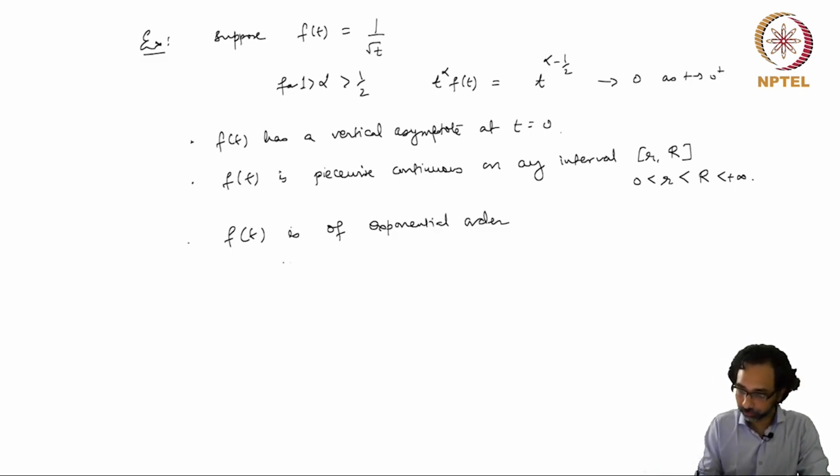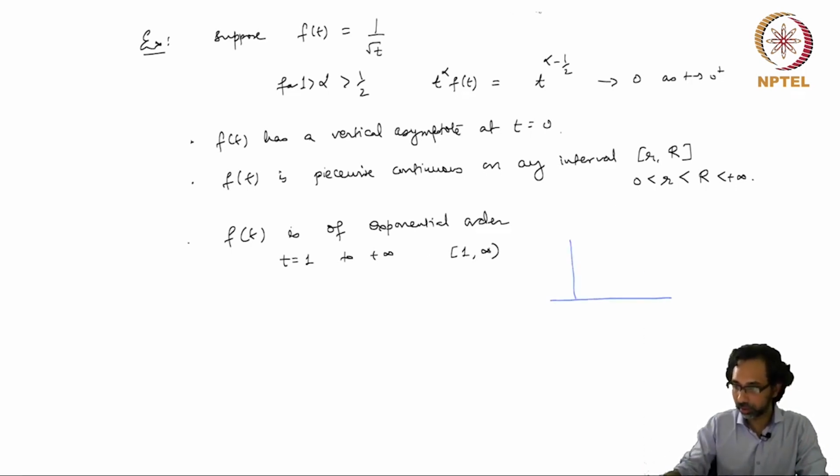So for example, if you take the interval t from 1 to plus infinity, the graph will look like something like this. And of course this is 1 over root t, and the exponential function will be something like this.